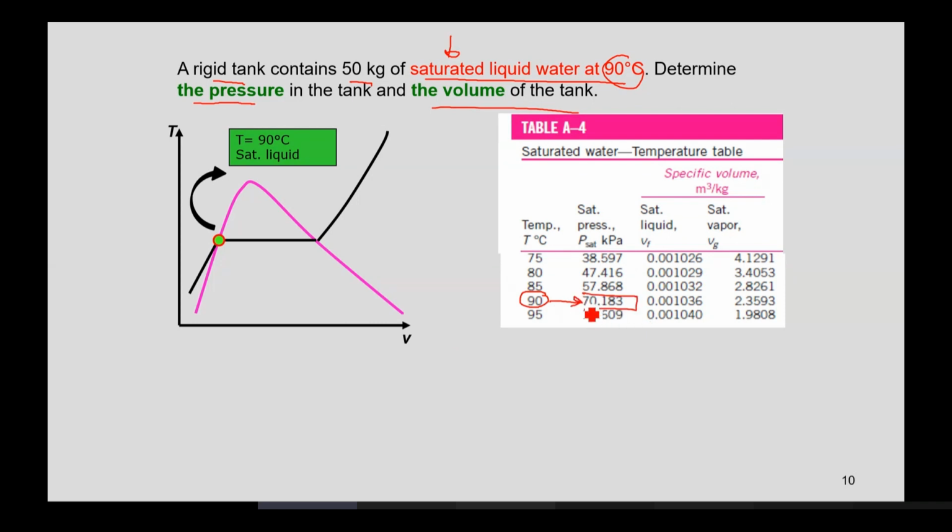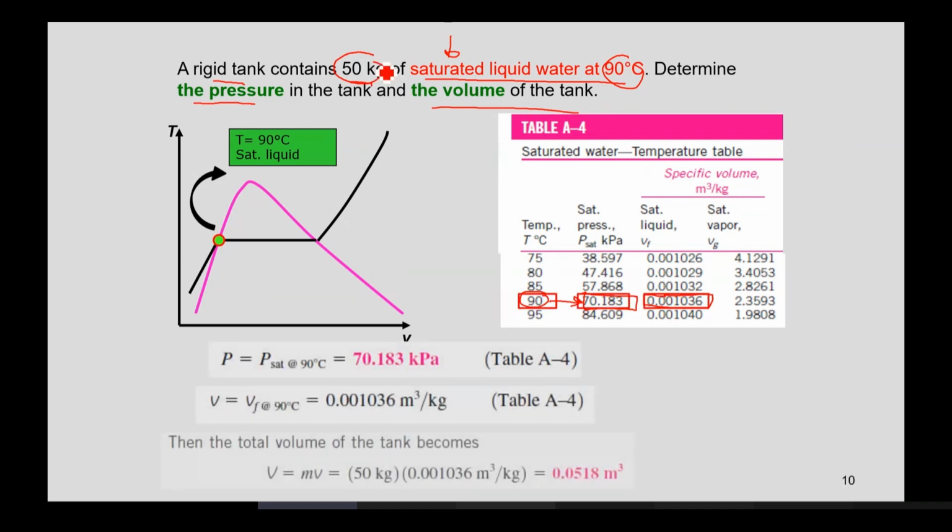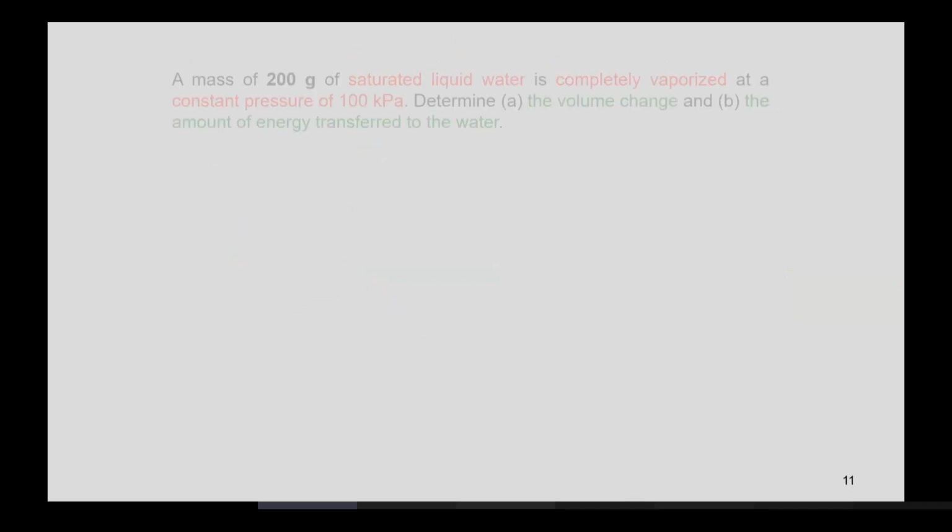This is your pressure for the system. And if you want to determine the volume of the tank, you need to have the specific volume. Since it's saturated liquid, this is a specific volume. Specific volume is per unit mass. You can multiply it by the given mass and it would give you the volume of the tank. So vf at 90 degrees multiplied by the mass would give you the volume of your tank for this state.